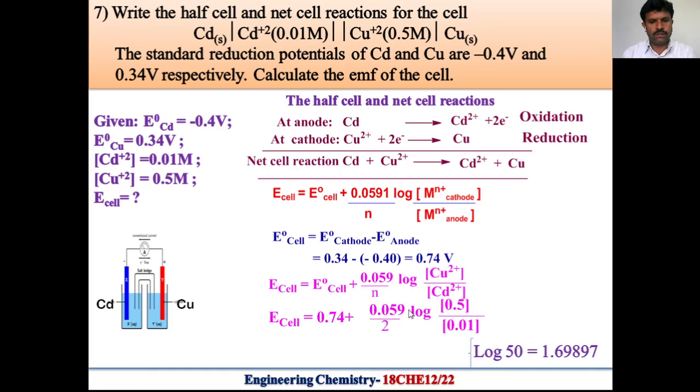If we substitute the values, E cell is equal to E naught cell value 0.74 plus 0.059 divided by, value of n is equal to 2, log of the concentration of Cu2+ 0.5 divided by the concentration of Cd2+ 0.01. So it will come as log 50, that is equal to 1.69897. After substitution and calculation, finally we will get the EMF of the cell is equal to 0.7902 volt. So this is about problem number 7.